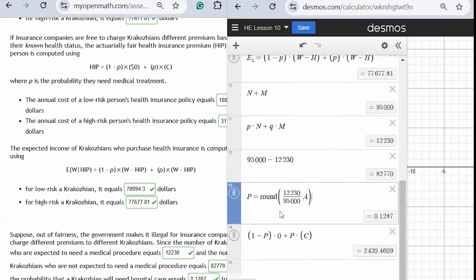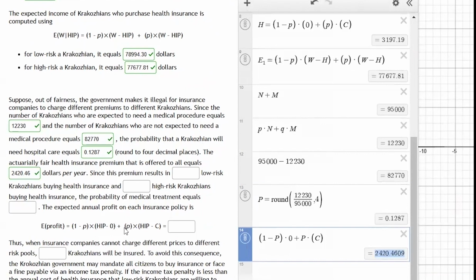I'll denote the pooled proportion, where low-risk and high-risk people are all in the same pool, as capital P. Then down here, I have 1 minus capital P times 0 plus capital P times C. So the actuarially fair health insurance premium that is offered to all equals $2,420.46 per year.